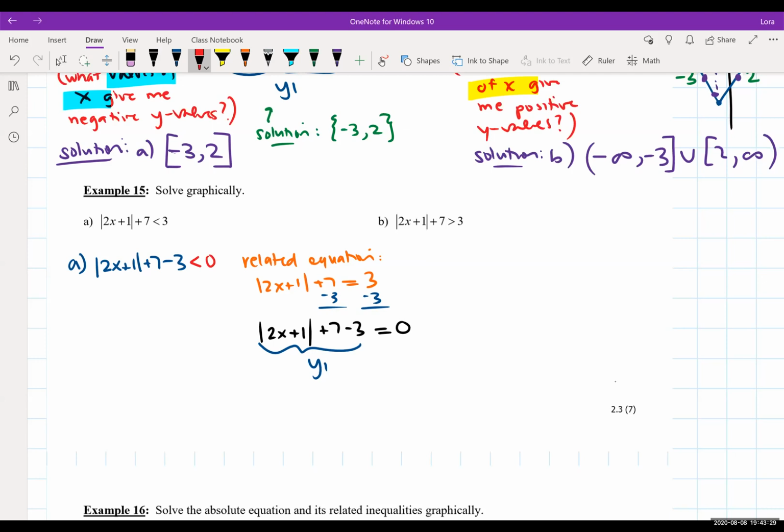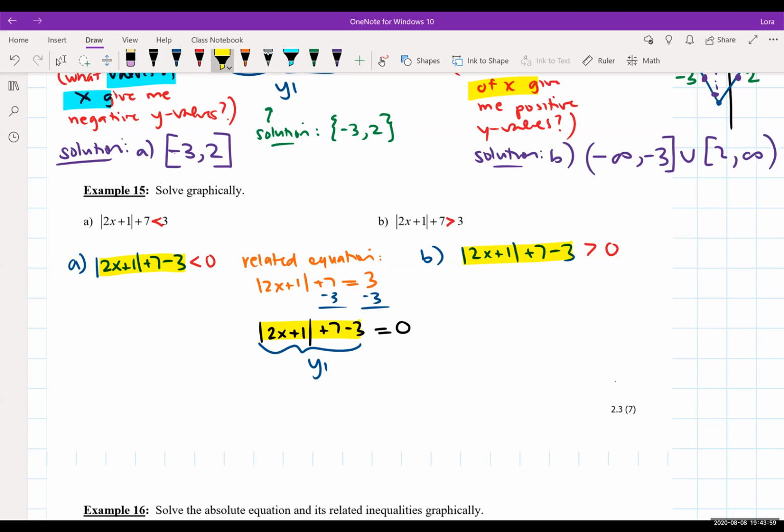And part B would give us the absolute value of 2x plus 1 plus 7 minus 3, and go with the greater than 0. So remember, we're just looking at the corresponding inequality. Once you move everything to one side, whether it's an equation or an inequality, the entering for y1 will be the same.